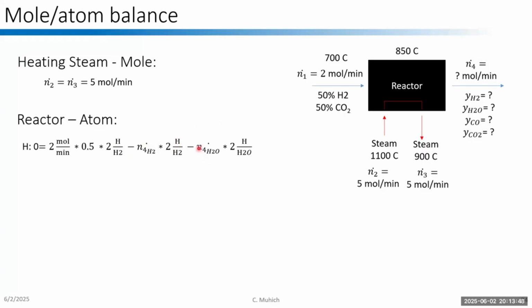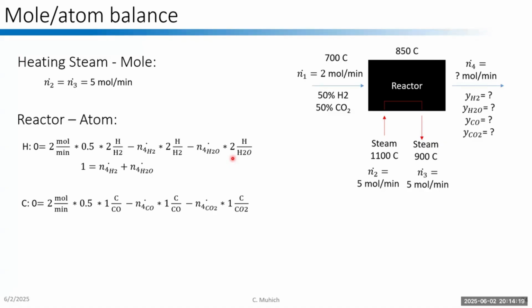And then I have N4 moles per minute of water leaving, and again, 2 moles of hydrogen atoms per mole of water. So I can simplify this equation, and I'm left with 1 equals the molar flow rate of hydrogen in stream 4 plus the molar flow rate of water in stream 4.